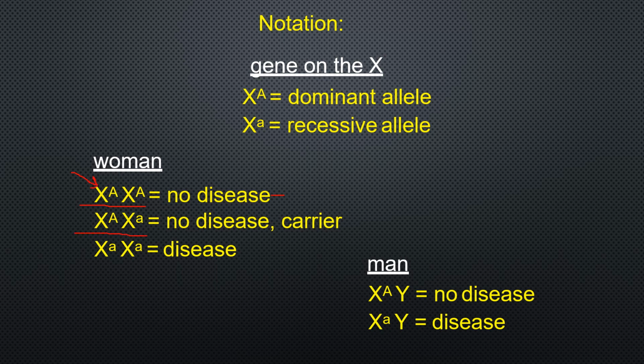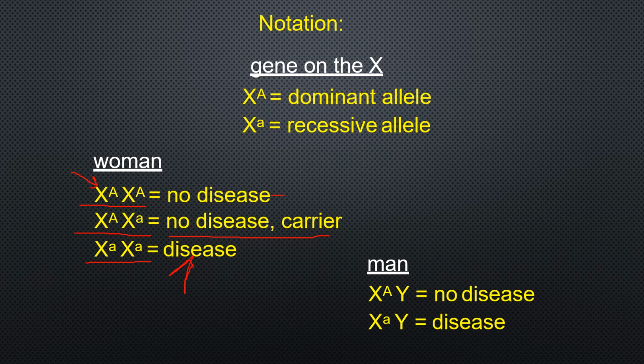We can have a sex-linked heterozygous genotype, which means you have no disease but you're a carrier. And then the sex-linked homozygous recessive, of course, means that it's a woman with a disease.